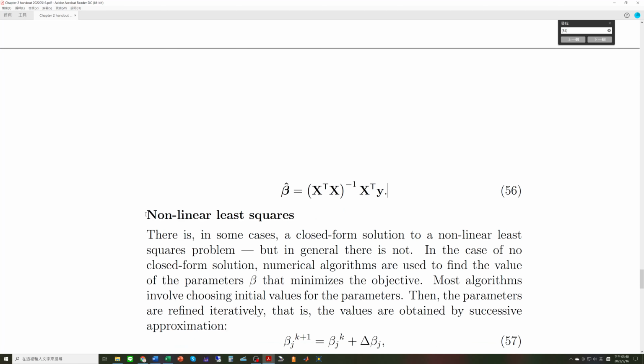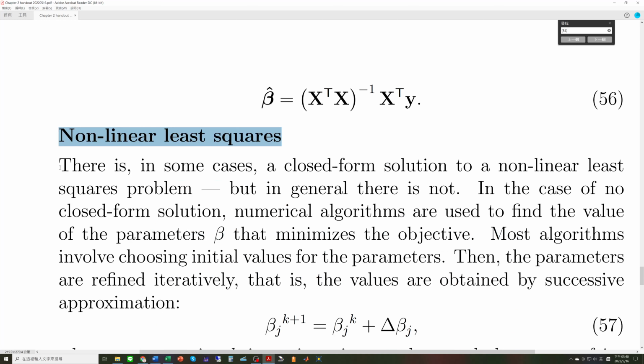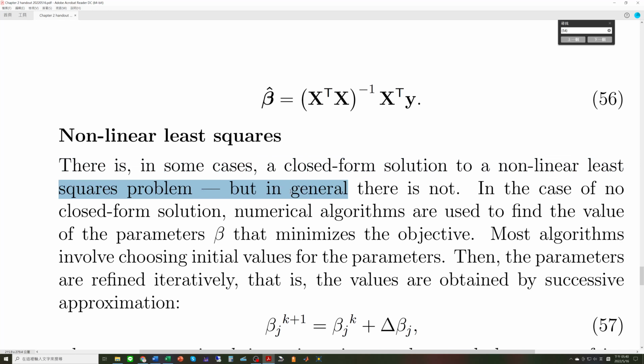Next, let us look at the nonlinear least squares case. In some cases there is a closed form solution to a nonlinear least squares problem, but in general there is not.